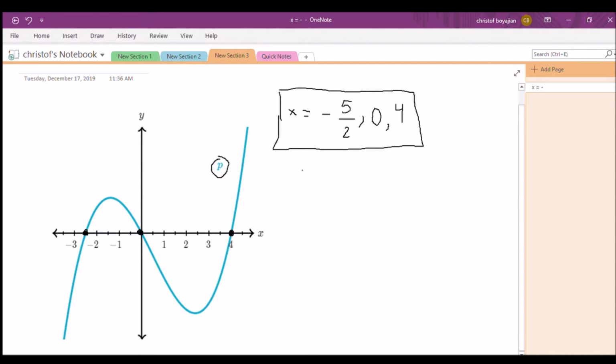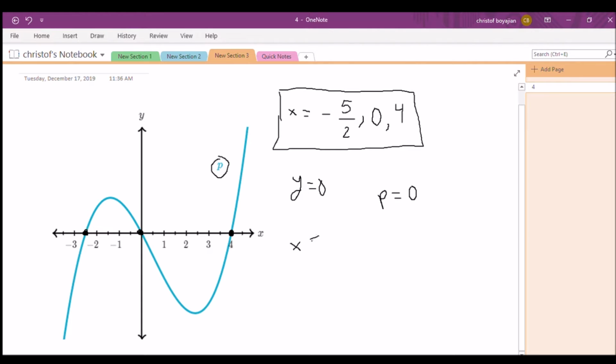Now, how can we write an equation for this? Well, remember we said it's when the y value is 0, or when our function p, because we're evaluating a function p, equals 0. So how can we do that? Well, we have our x values when they equal 0. So we just need to know when these values equal 0.